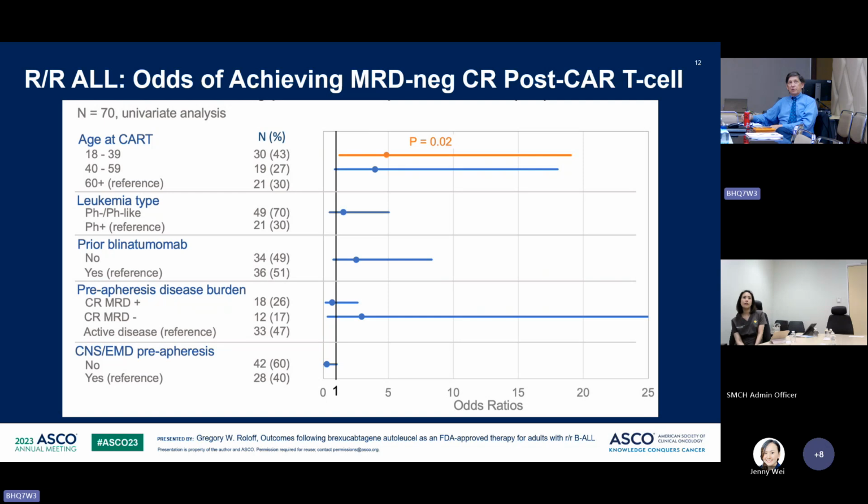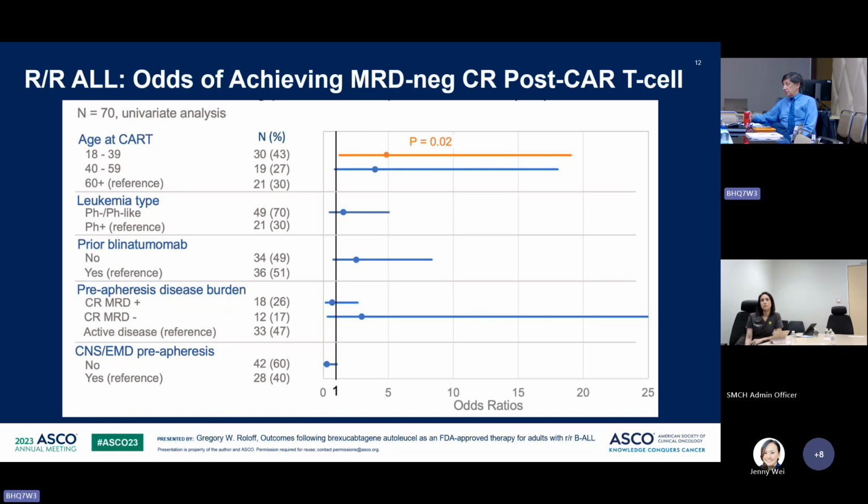And this shows again, now we're getting into CAR T. So these are slides from brexucabtagene autoleucel, also known as Tecartus, of patients who went to CAR T therapy. These are adult patients, and they asked, what's the likelihood of actually achieving the MRD negative state?